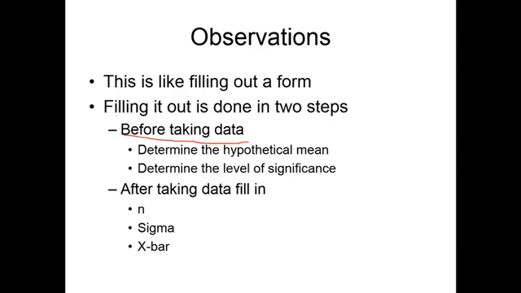The first step is before you take data: you determine what your hypothetical mean is, and you determine your level of significance, and use that in setting up your test statistic. After taking the data, you fill in what's my n, what's my sigma, what's my x bar, you put that in your formula and you grind.